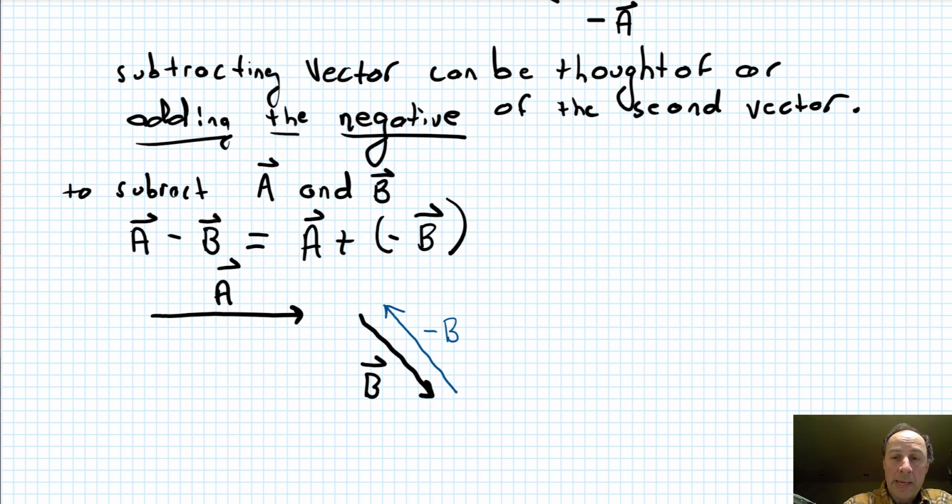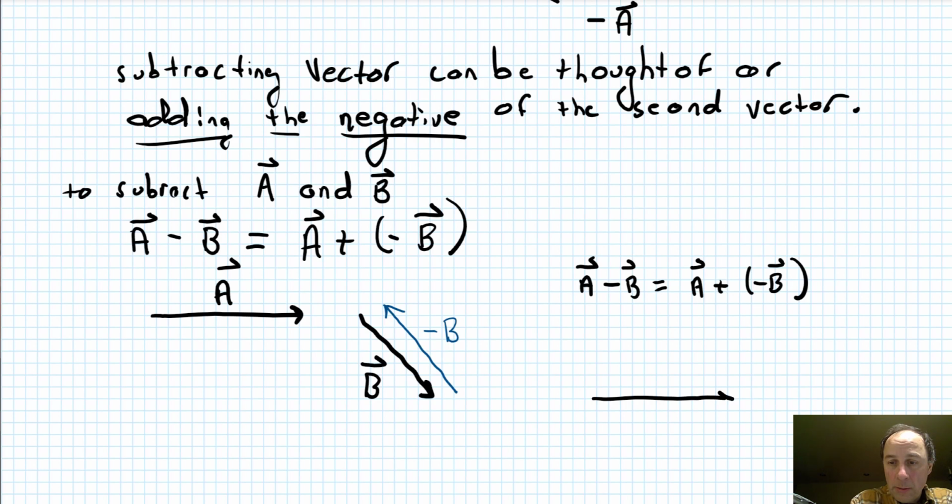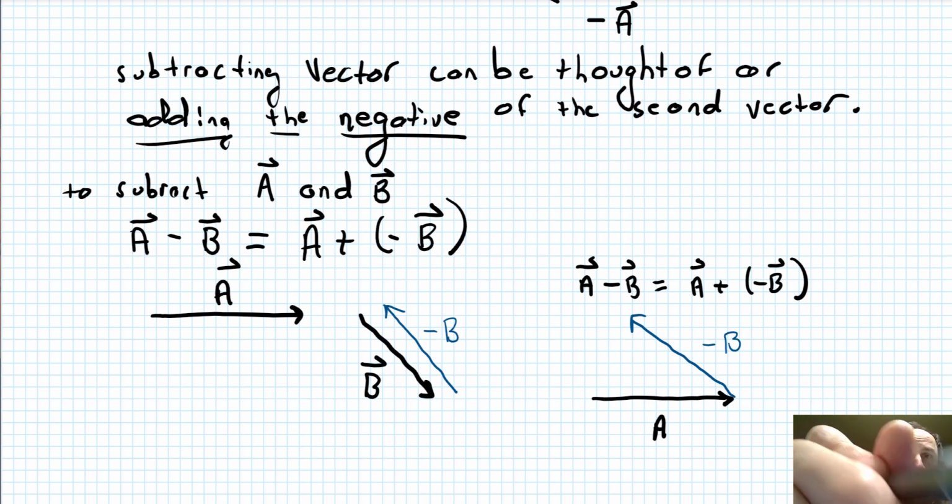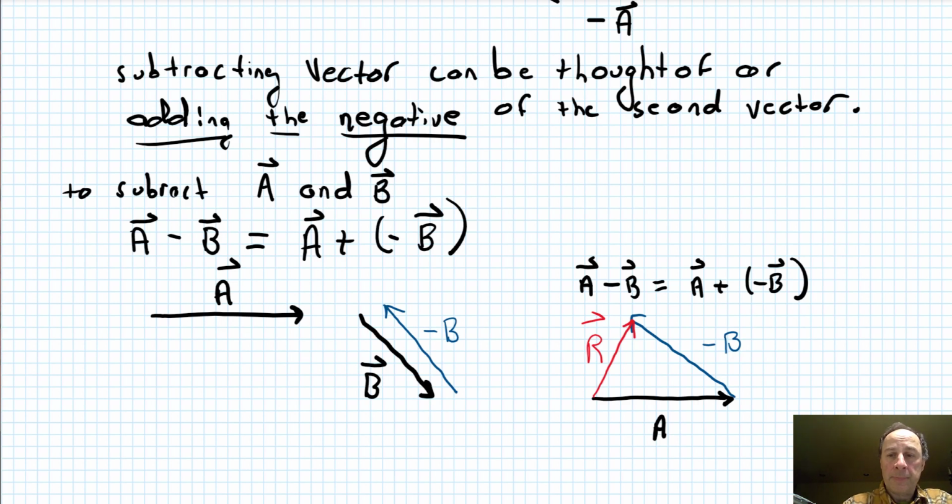Okay, so that means that A minus B, just rewriting that over there, A plus minus B, so that would be like this, A, then plus a minus B. So the resultant is going to go from the beginning of A to the end of minus B. All right.